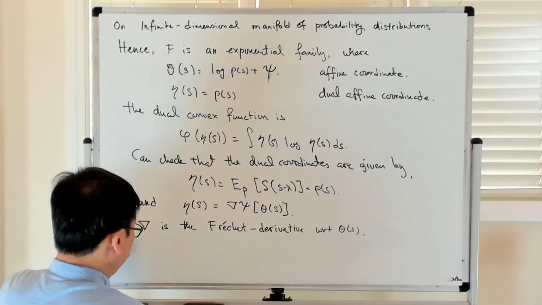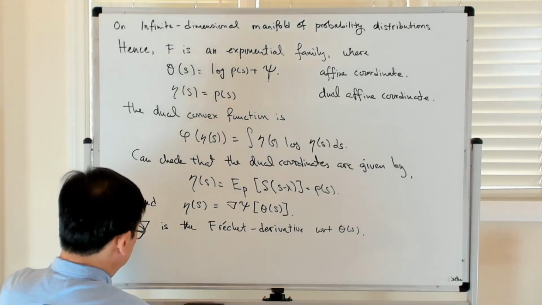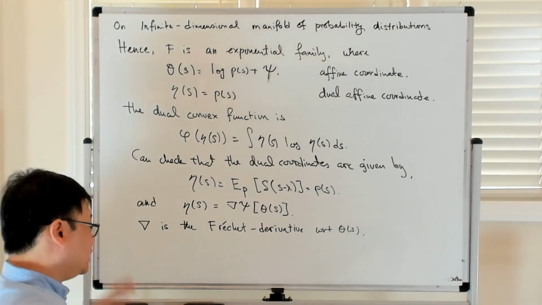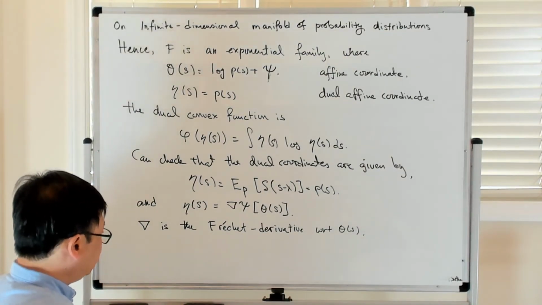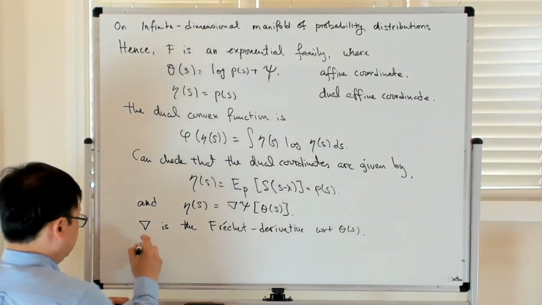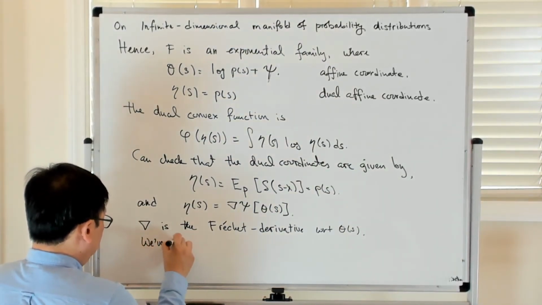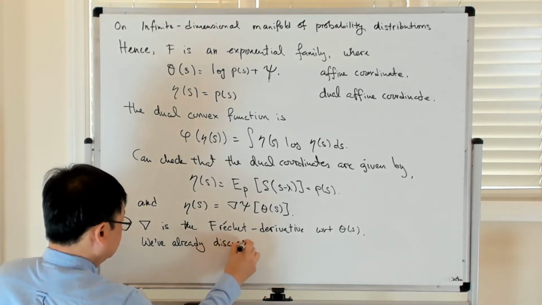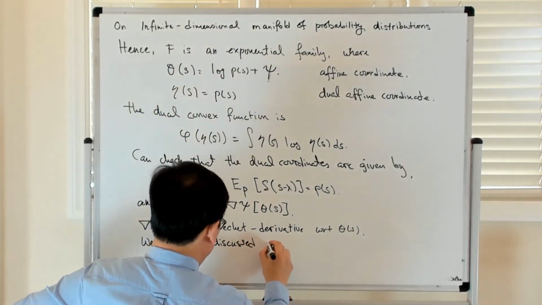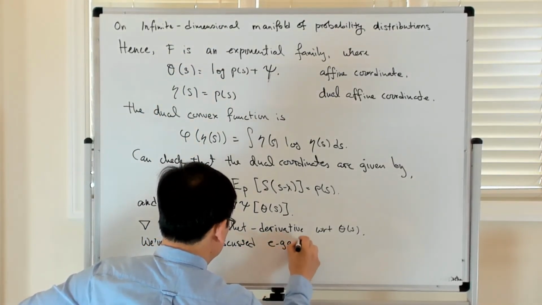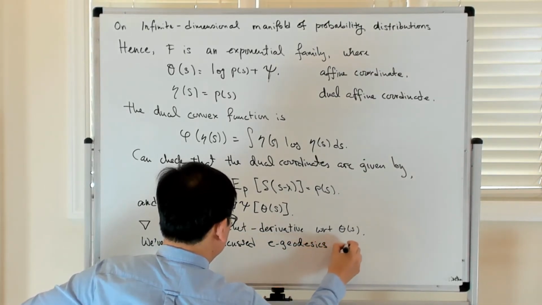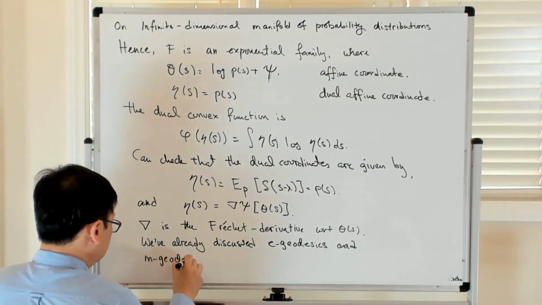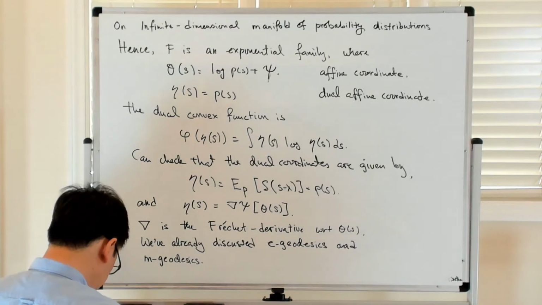And then we had already talked about the geodesic generated in the exponential family, and the geodesic in the mixture family. So we've already discussed the E geodesics and the M geodesics in this setting.